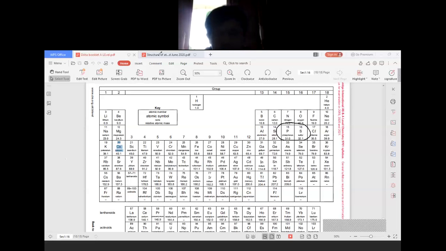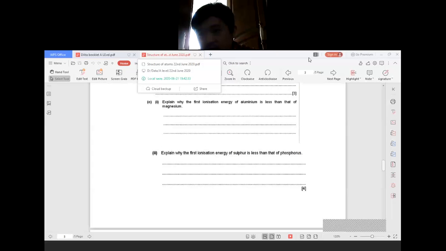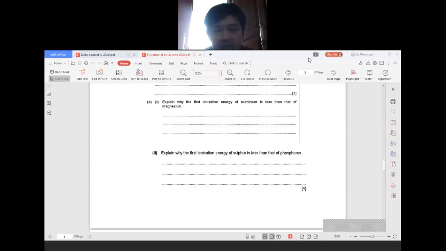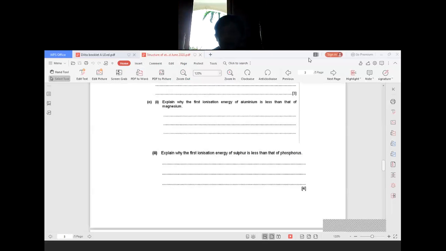Sulfur is less than phosphorus. Sulfur has 16 electrons, while phosphorus has 15.